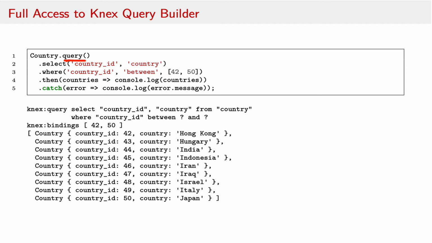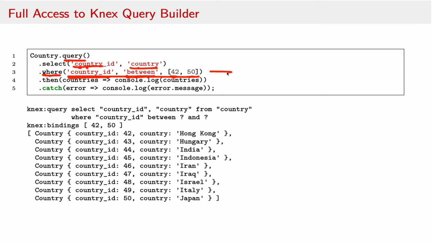In this case, what I'm showing here is the ability to select specific columns, country ID and country, and then adding a where clause. And this behaves exactly the same as it does in raw Knex, because that's what's going on here. This is maybe a new version of where we're using a between query, and that's part of standard SQL, saying that we would like to get rows whose country ID values are between these bounds, 42 and 50.